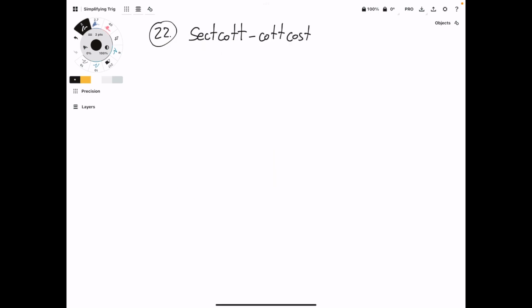For question 22, we have secant t plus cotangent t minus cotangent t times cosine t. The key to this problem is to rewrite everything in terms of sine and cosine. So we're going to start off by doing that.